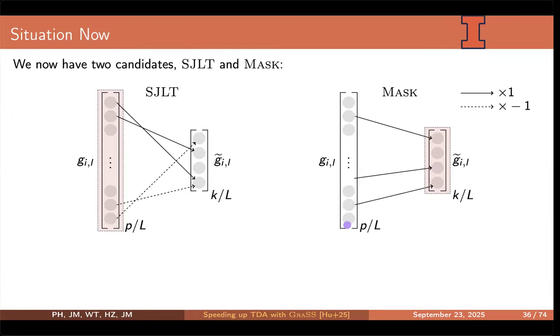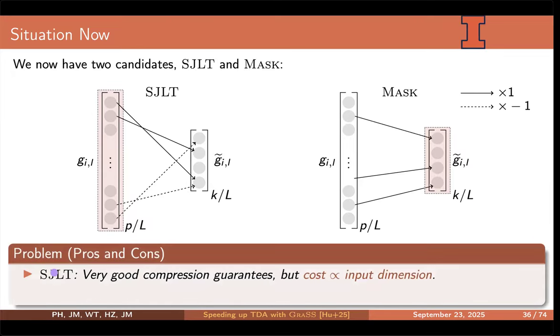So let's step back a little bit and look at the situation now. We have SJLT and mask as our two candidates. For the first one, SJLT, the computation time scales with input size. For mask, the computation time scales with the output size. And I probably forgot to mention this, but SJLT actually admits a JL guarantee, so it has a strong guarantee on preserving pairwise geometry.